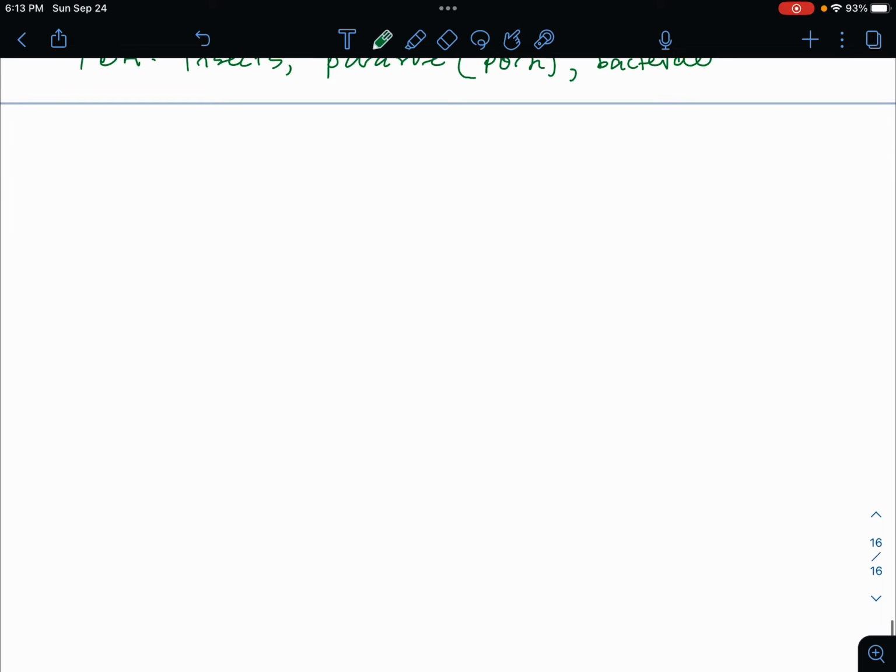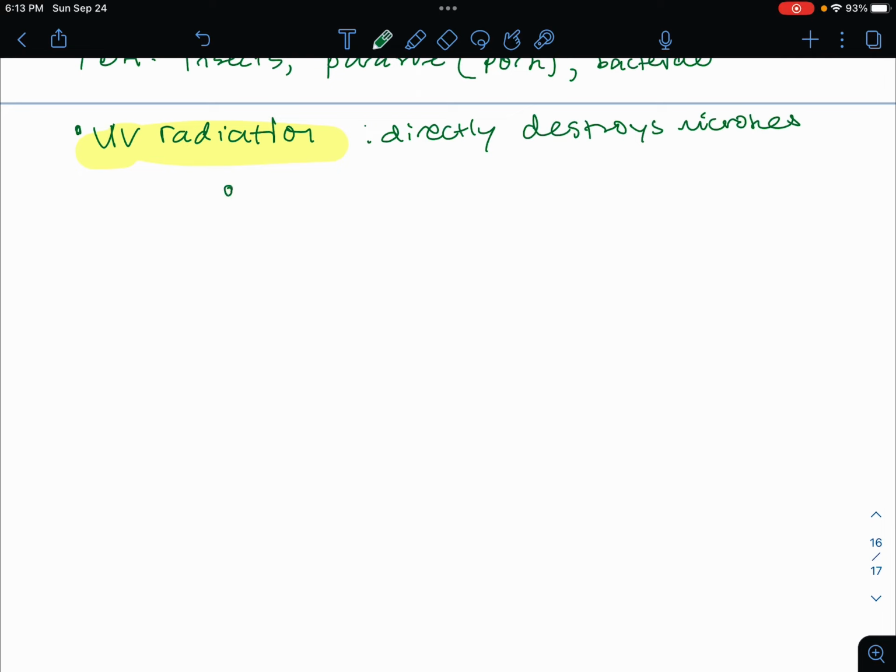We also have UV radiation. This one is a little bit different. It's on its own slide, so let's go through it. So this is direct destruction of the microbes. Again, damages DNA, and it could go on air, water, or surfaces.